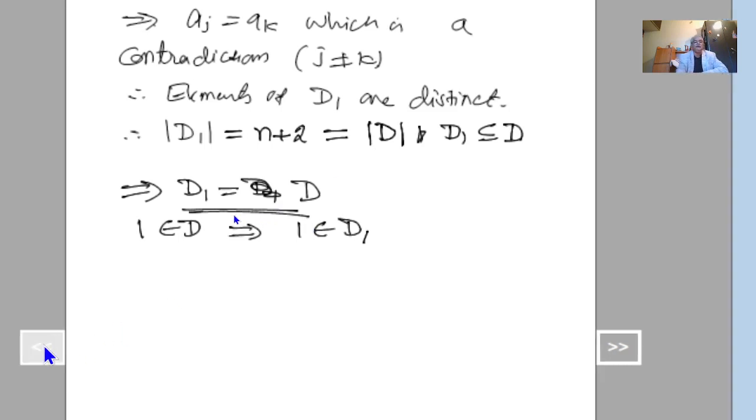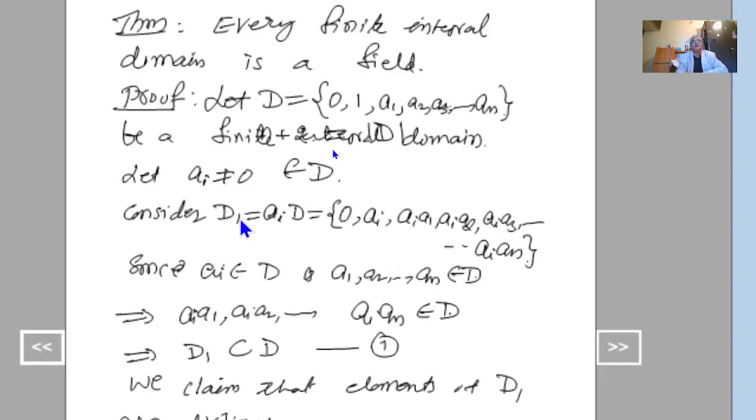Right? Now here what is D1? This is my D1. So first element is 0. Second element is AI. Third element is AI into 1, AI into A1, AI into A2, AI into A3, AI into AN. 1 belongs to this. 0 is not equal to 1 and AI is also not equal to 1. Therefore, 1 must be somewhere here. That is, 1 is in the form of AI into something.